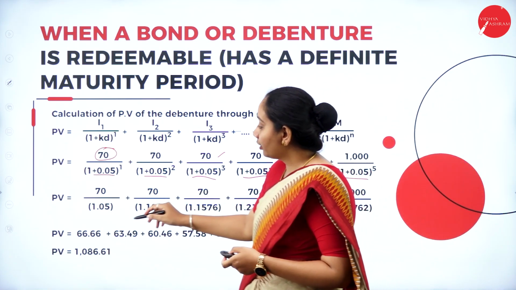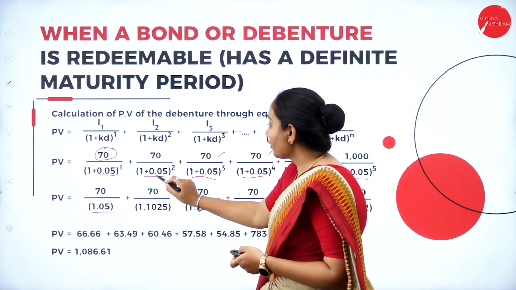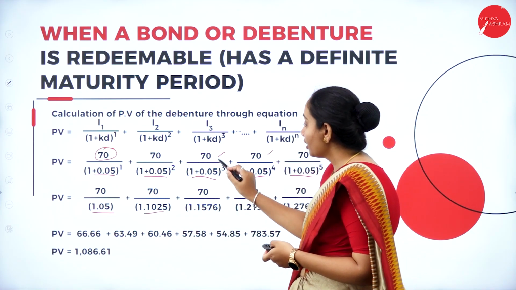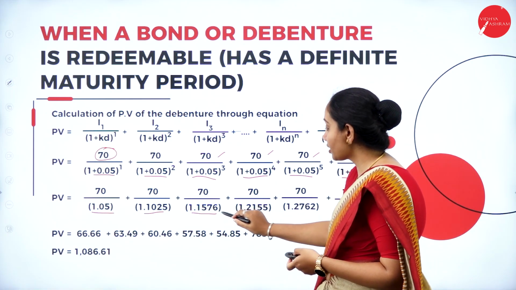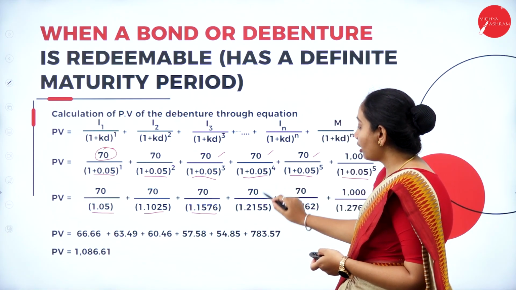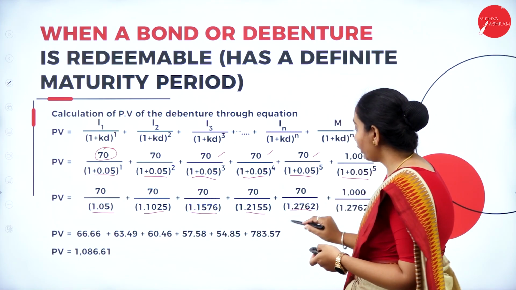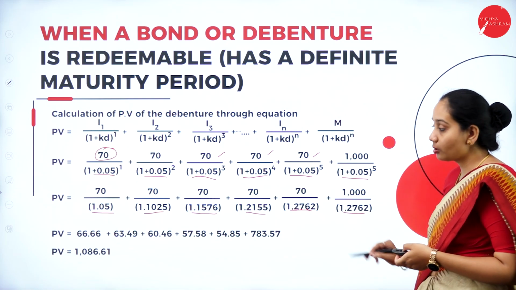Further calculation: 70 divided by 1.05, then 70 divided by 1.05 to the power of 2, which is 1.1025, 70 divided by 1.05 to the power of 3, which is 1.1576. Likewise, 70 divided by 1.2155, next 70 divided by 1.2762, then 1000 divided by 1.2762.